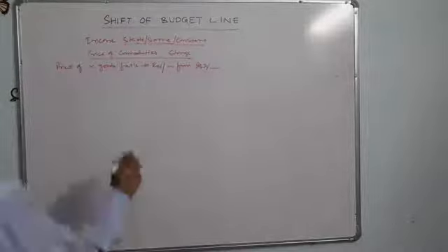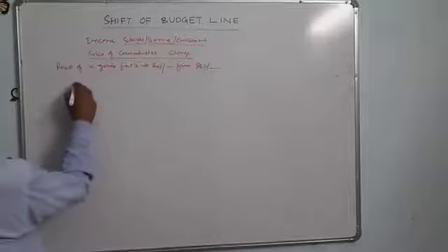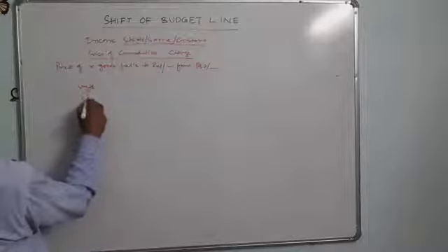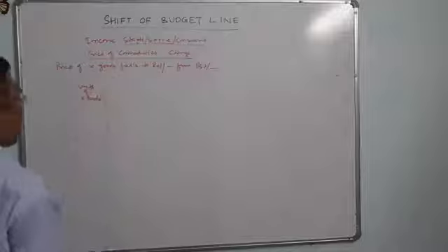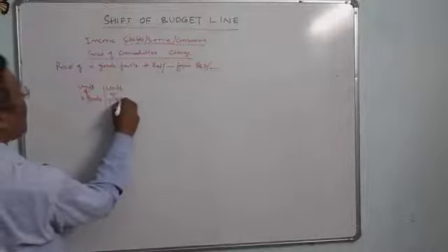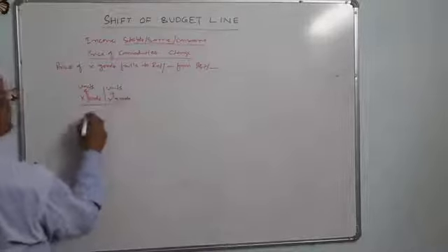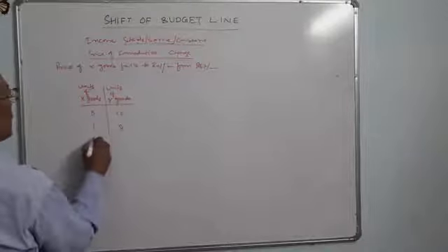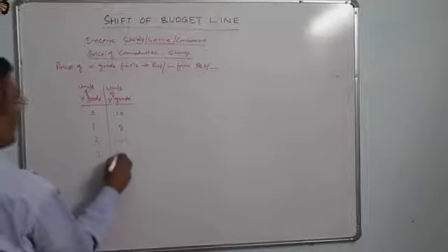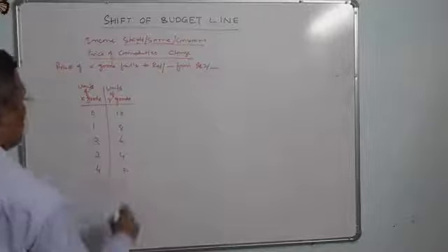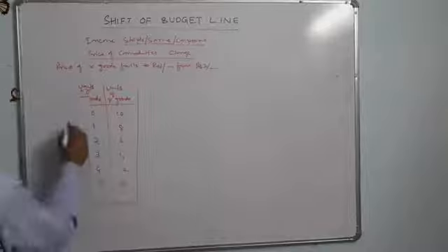In the first, normal case, the units of X goods and units of Y goods are 0 and 10, 1 and 8, 2 and 6, 3 and 4, 4 and 2, 5 and 0. This is the first case.